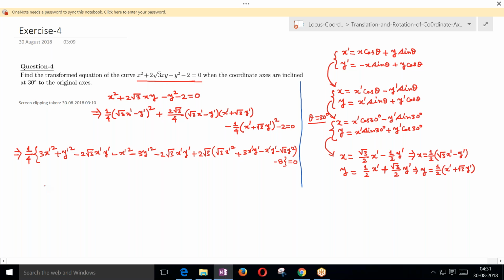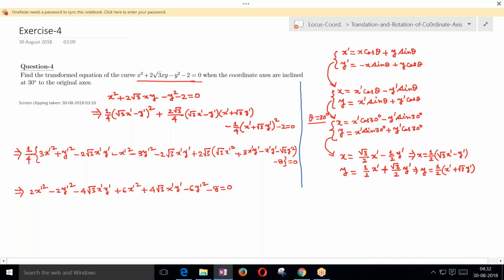If you simplify further, you will get 2 into x dash square minus 2 into y dash square minus 4 into root 3 into x dash into y dash plus 6 into x dash square plus 4 into root 3 into x dash into y dash minus 6 into y dash square minus 8 is equal to 0.